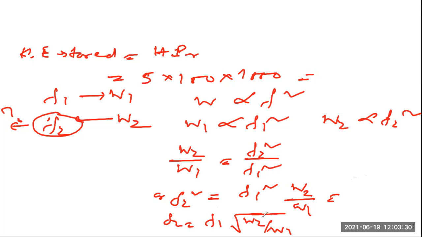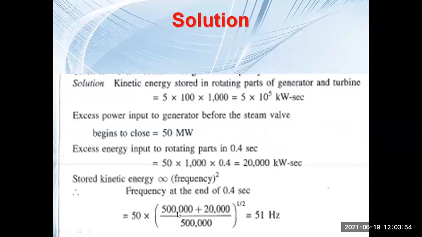And W2 is your initial energy plus the excess energy input, that is P into T, the 20,000 kilowatt second. I will come to that particular calculation. So this is the initial energy plus the excess energy, divided by the initial energy, and the square root of that. If you do this calculation, you will get 51 hertz.